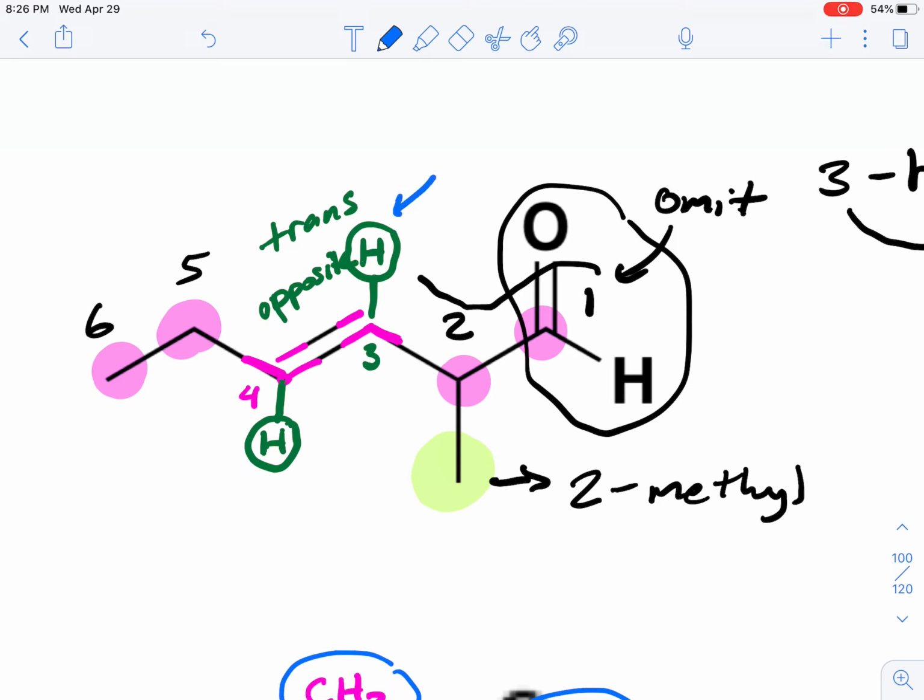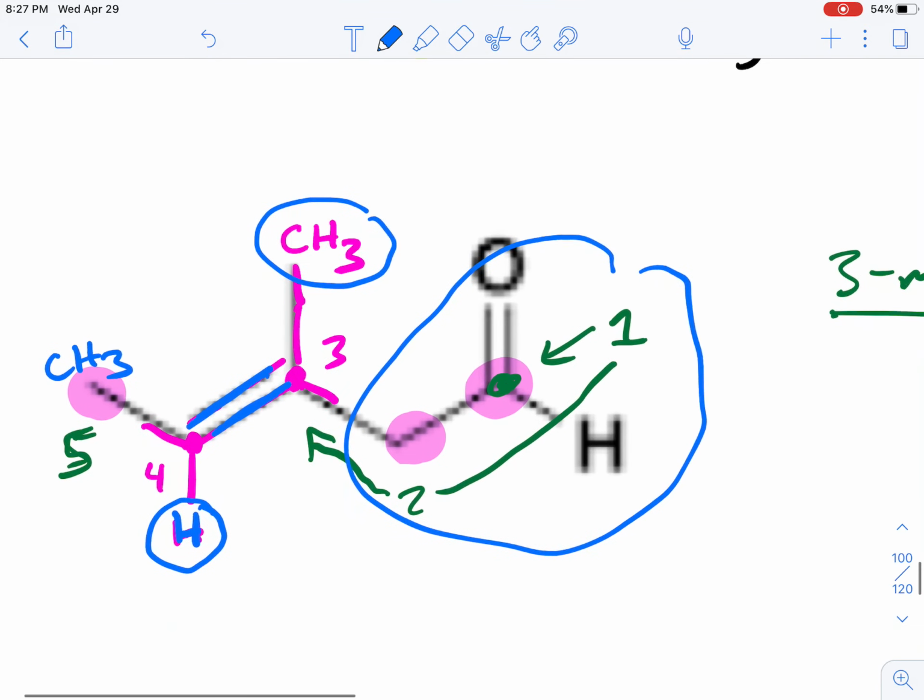There's a hydrogen here, there's a hydrogen there on the carbons that form that double bond. Here, there's only one hydrogen, and since there's no other hydrogen on the other side, then we cannot use cis or trans.